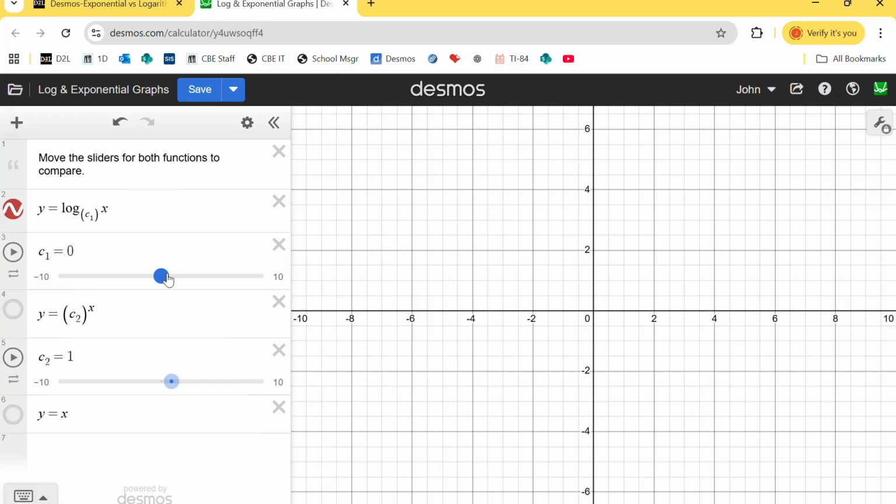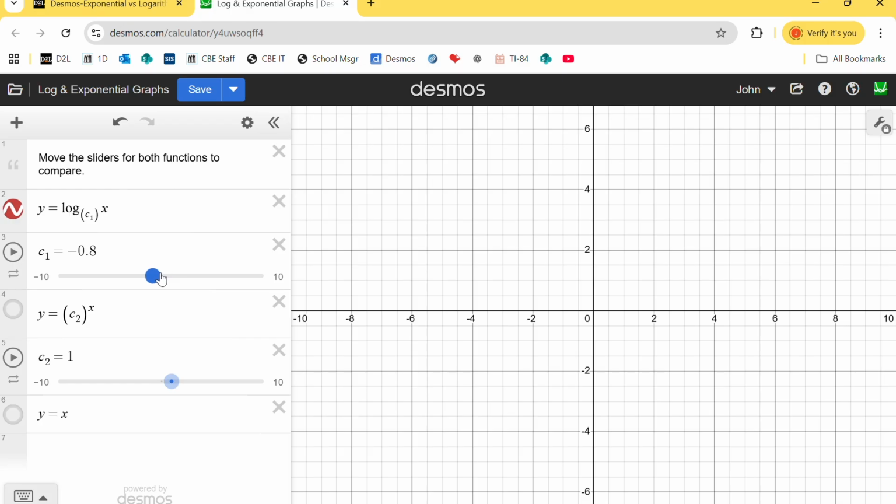No. Why not? Because if the base is 0, remember how to convert this, that would be 0 to the y equals x. The only way 0 to the y equals x is if x itself is 0, and that's one specific case, but all other cases don't work, so poof, the logarithmic graph function disappears.